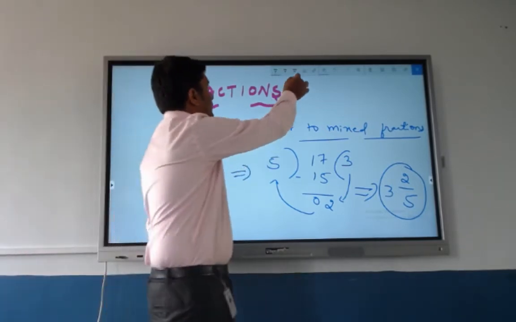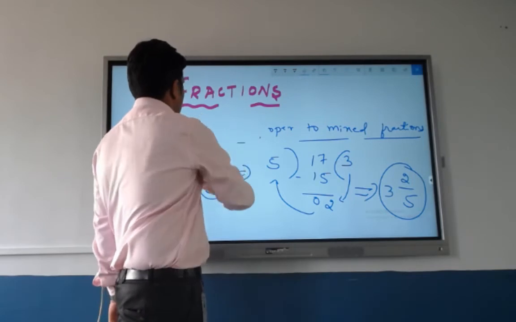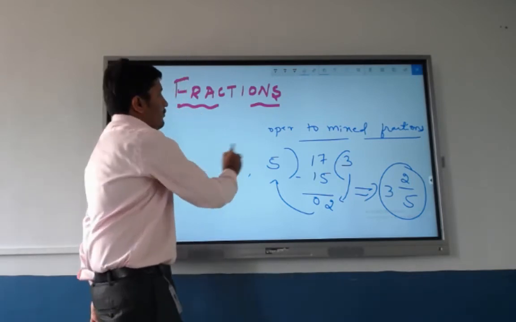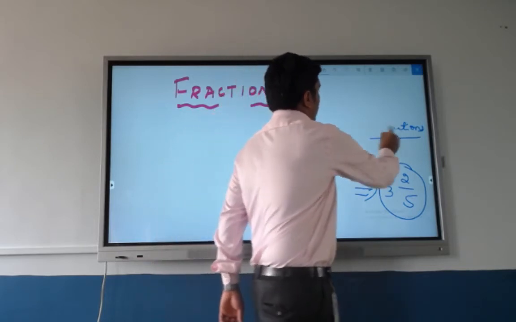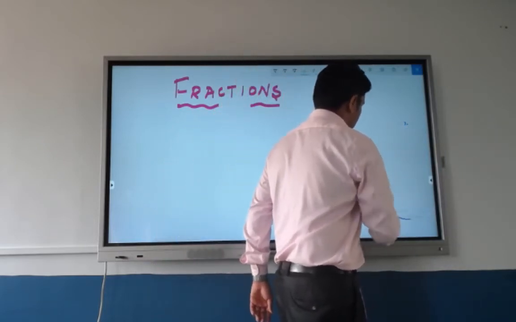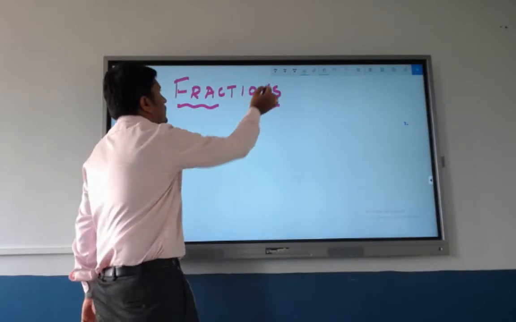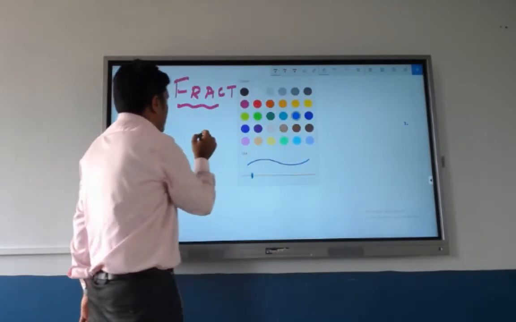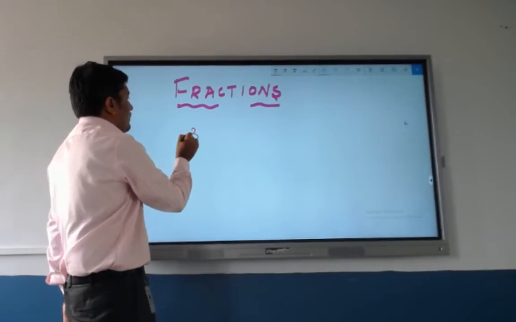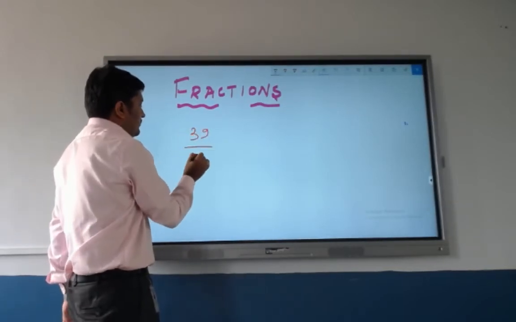Consider one more example of how to convert improper to mixed fraction. Take one more example. Now I will solve it. 39 upon 6.